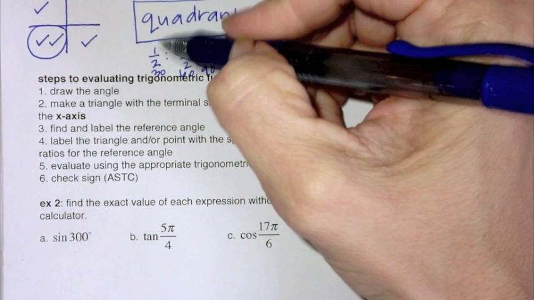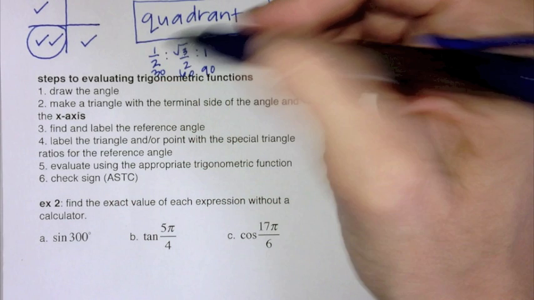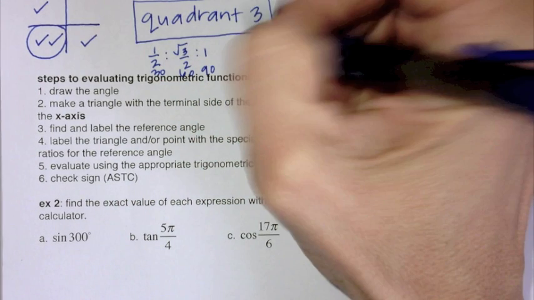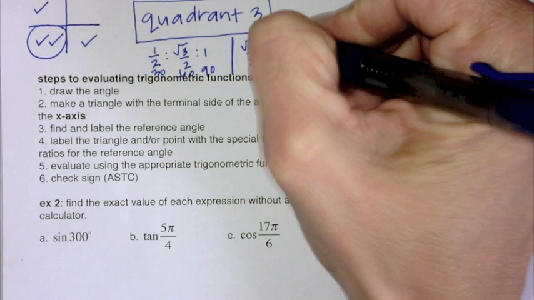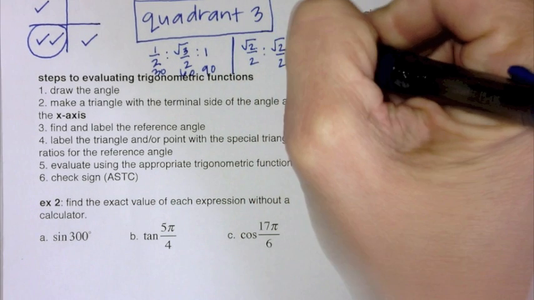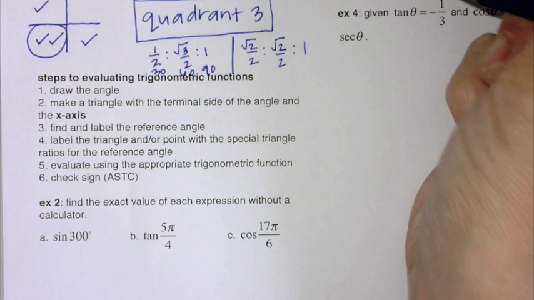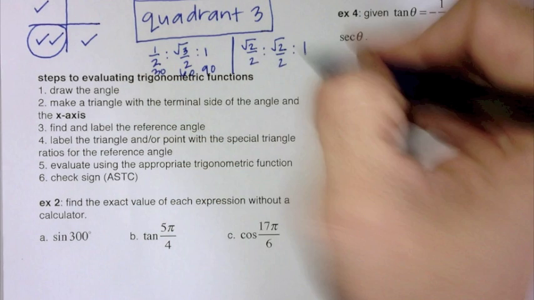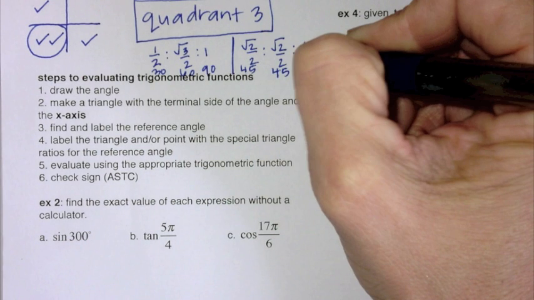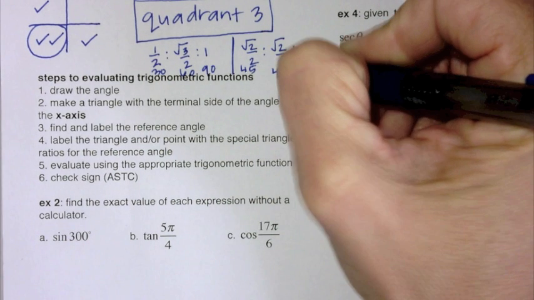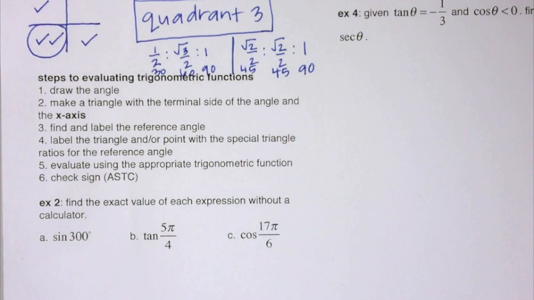So 1/2 is always opposite 30 degrees and root 3 over 2 is opposite 60. And then for the 45, 45, 90, we have root 2 over 2, root 2 over 2, and 1. So those are the ratios that go with the angles that we're going to be working with, because we're on the unit circle.